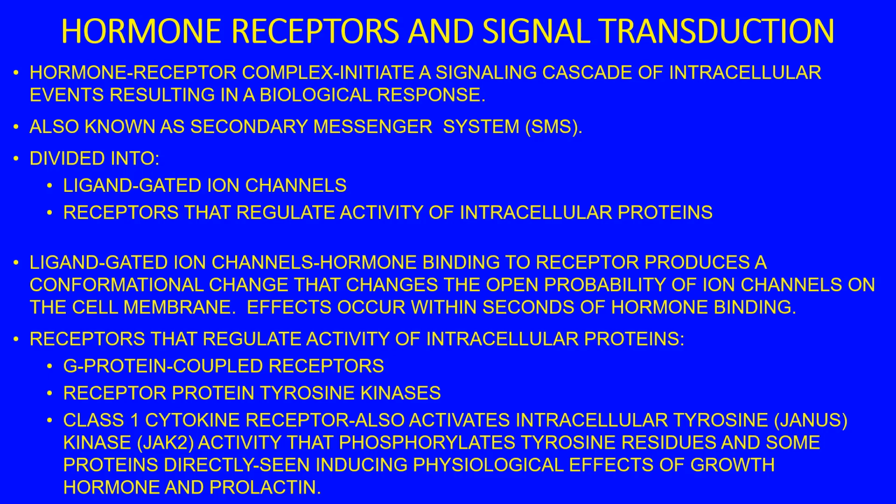Now, hormone binding to the receptor will trigger the interaction with the G proteins. This results in an exchange of GDP for GTP, which will activate the G protein. The activated subunit is released from the receptor, and then the alpha subunit is released from the beta gamma complex. There are all these little complexes together.